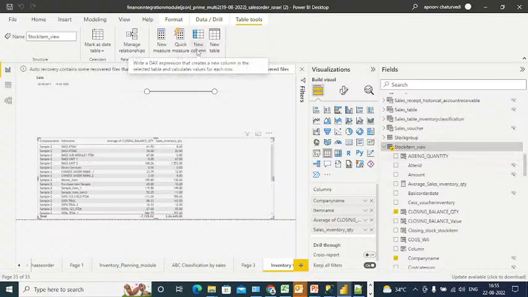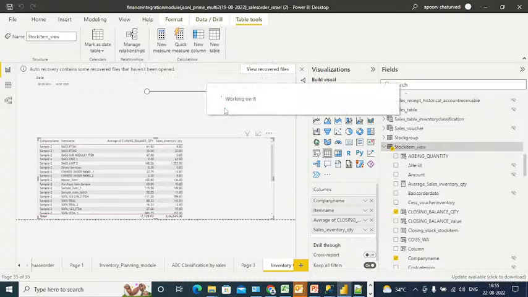Put in a new column. This is company name, item name. This is going to be calculate sum of sales inventory quantity across all.